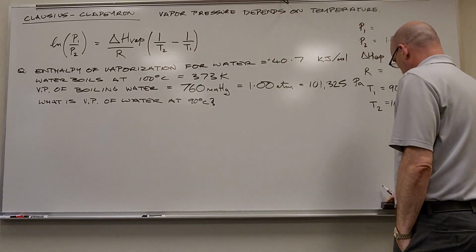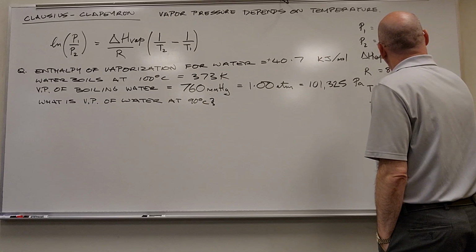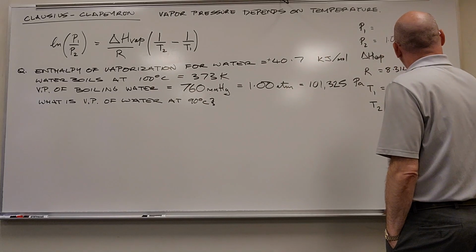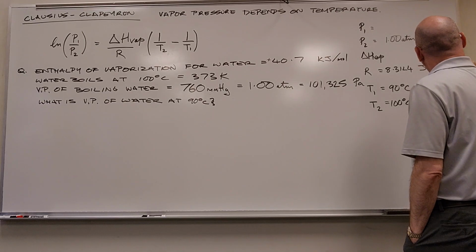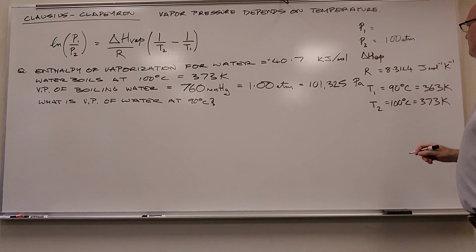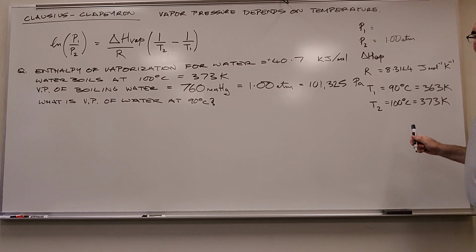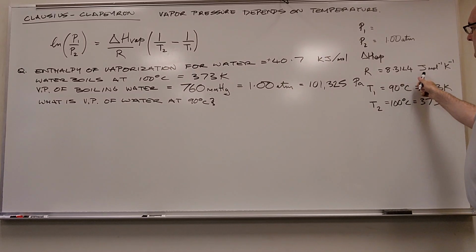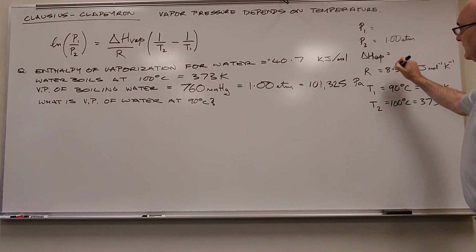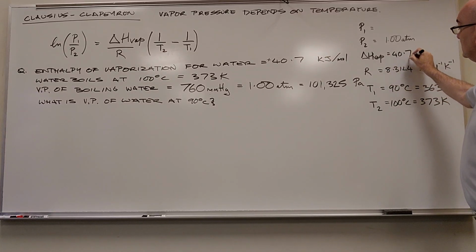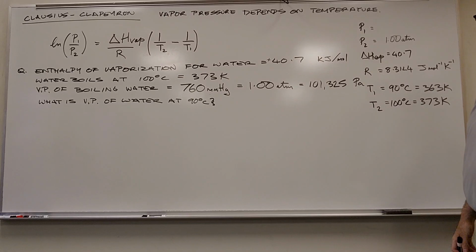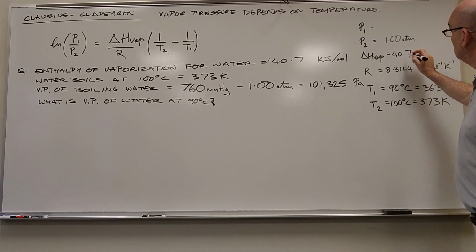Oh, is that going to be joules per mole per Kelvin? Joules per mole per Kelvin. Okay. Which means that's 40.7 kilojoules. And how many joules are in a kilojoule? There's 1,000.